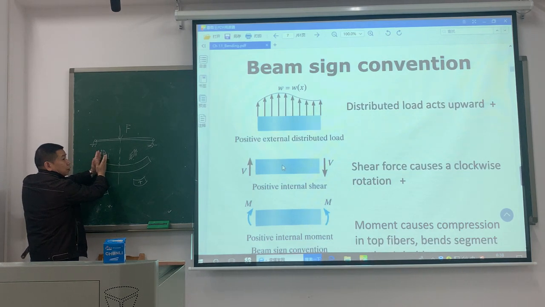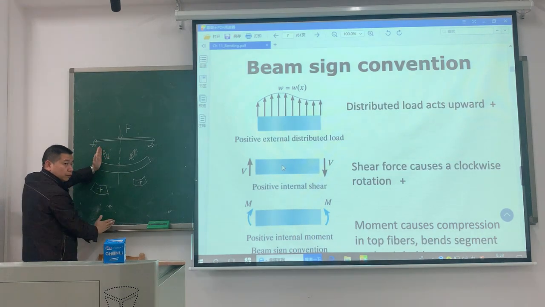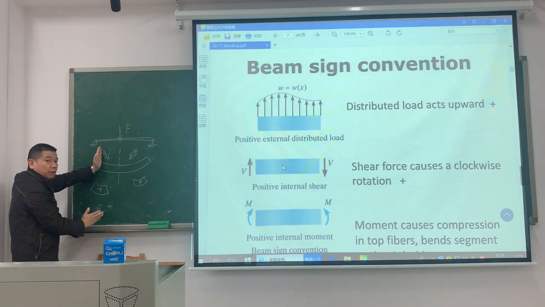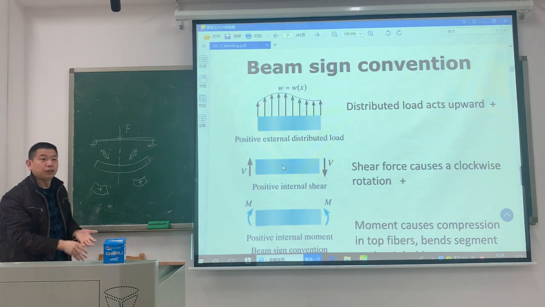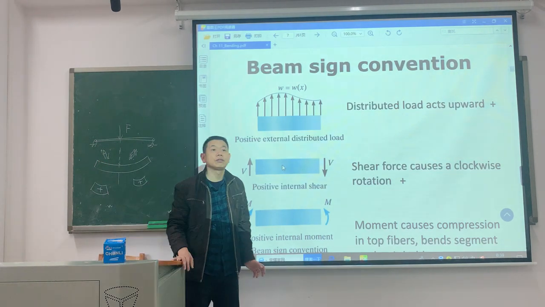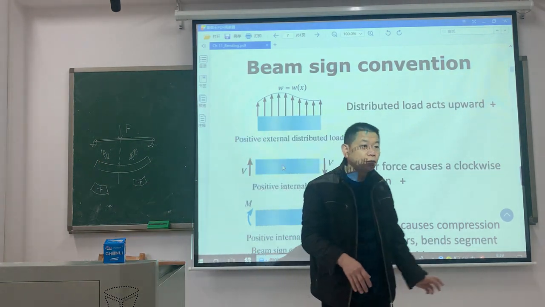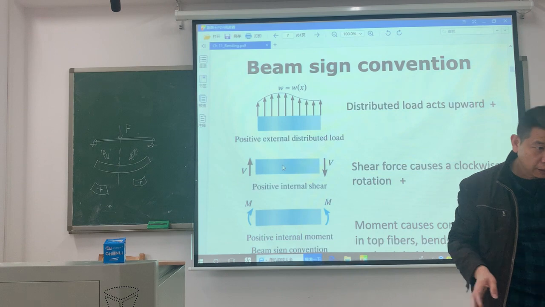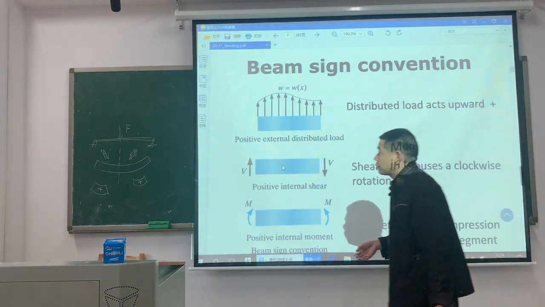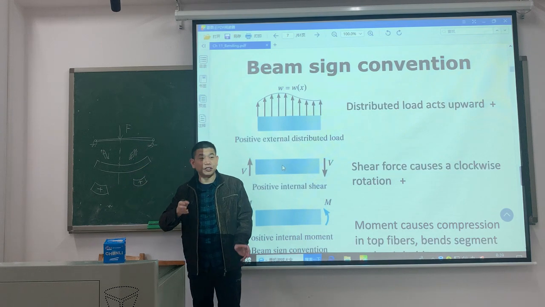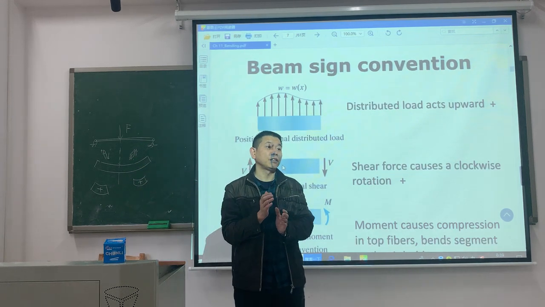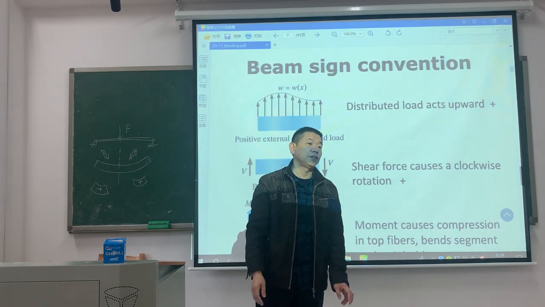If the right cross section relative to the left cross section is moved downward, we call this deformation a positive shear deformation. Understand? Otherwise, this kind of deformation is a negative shear deformation.